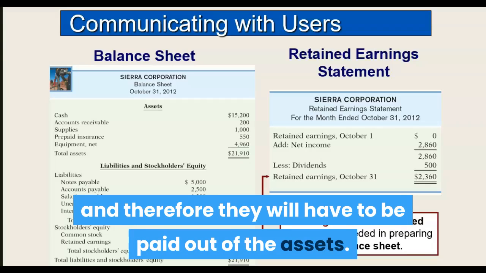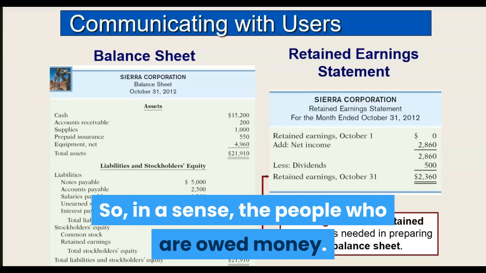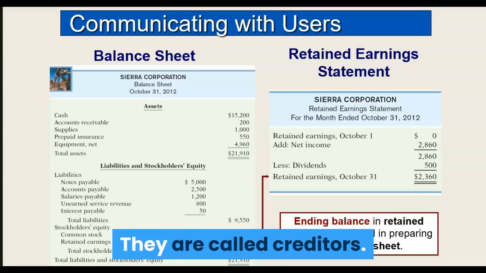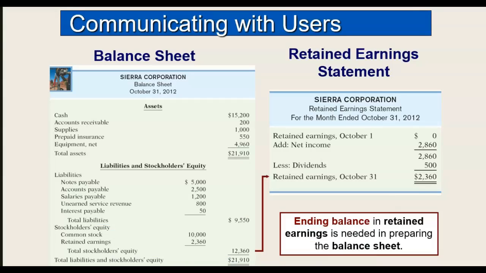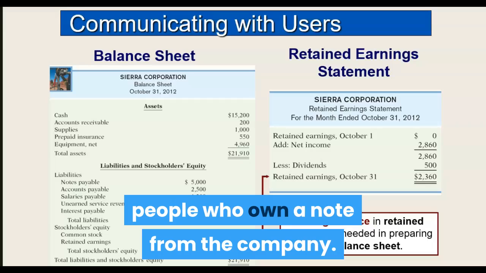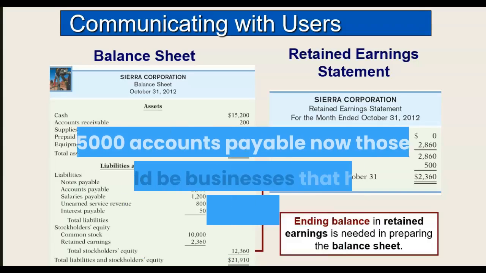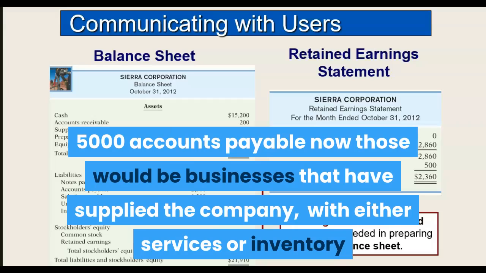Now, the liabilities represent businesses or people that the company owes money to. And therefore, they will have to be paid out of the assets. So in a sense, the people who are owed money, they are called creditors. They have a claim on those assets.